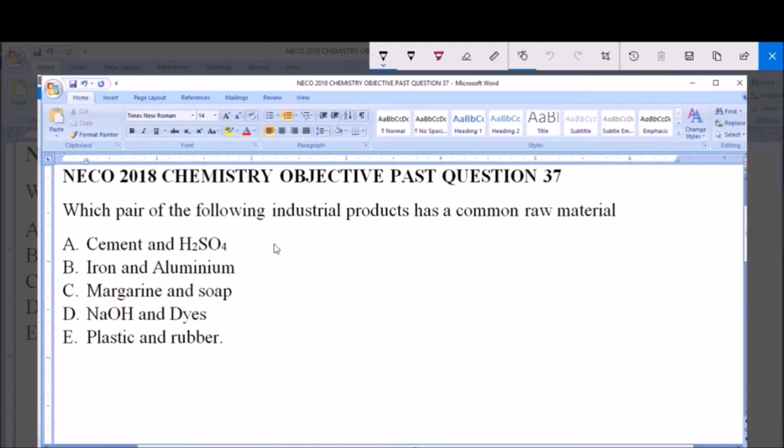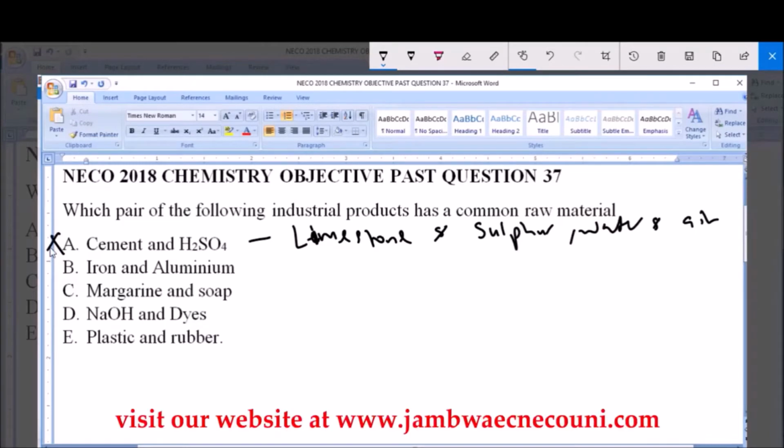Now cement is made using limestone, and then H2SO4 is made using sulfur, water, and then air. So you can see that the raw materials are not common, so this is not the answer to the question. Now option B, iron and aluminium.